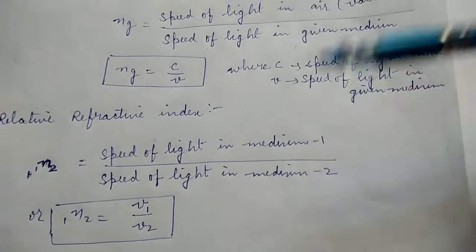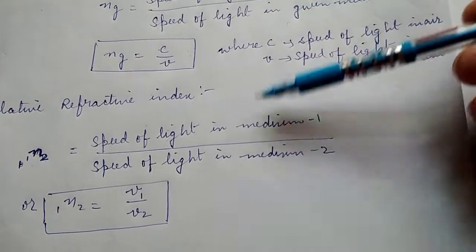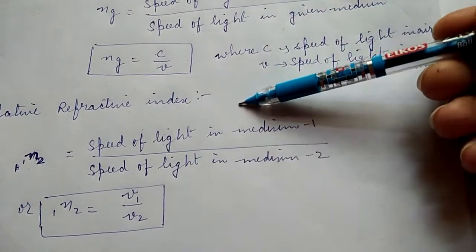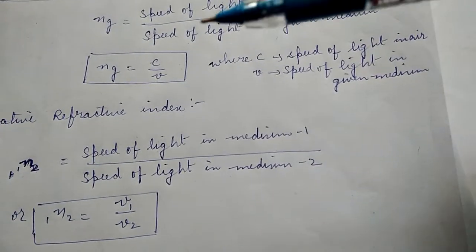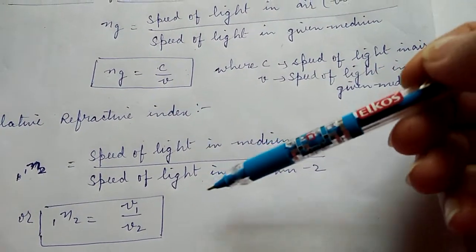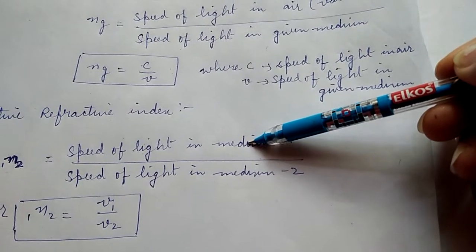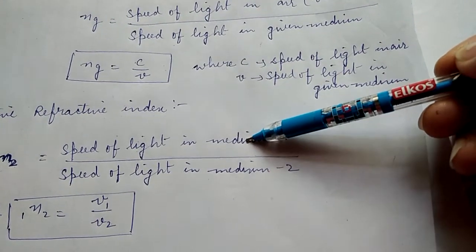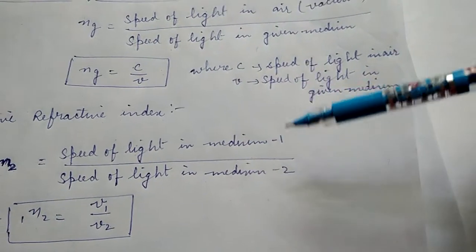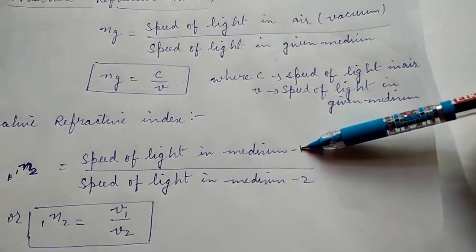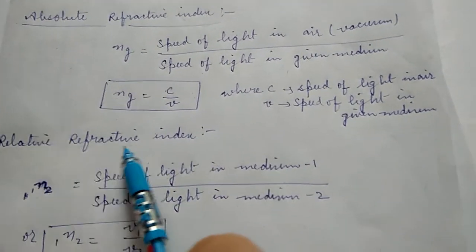Now what is relative refractive index? So when we are finding the refractive index of one medium with respect to the other, and the medium with whose respect we are finding the refractive index is not air or vacuum, meaning medium 1 is other than air or vacuum, at that time the refractive index will be known as relative refractive index.